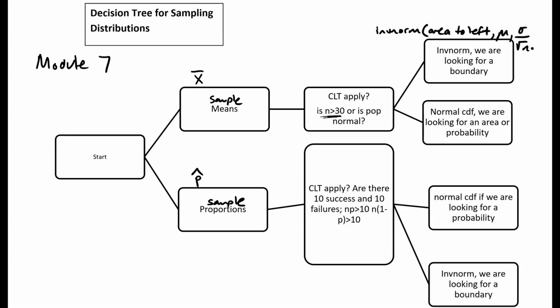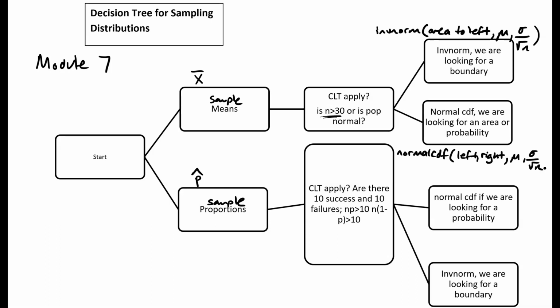In the context of the distribution of sample means, the mean is mu and the standard deviation is sigma divided by root n. Likewise, we looked at normal CDF a lot. When using normal CDF, we were typically finding an area or a probability. With the sample mean distribution, it was normal CDF, then a lower bound or left bound, a right bound, and then the mean and once again the standard deviation.